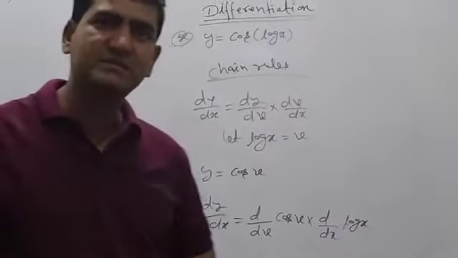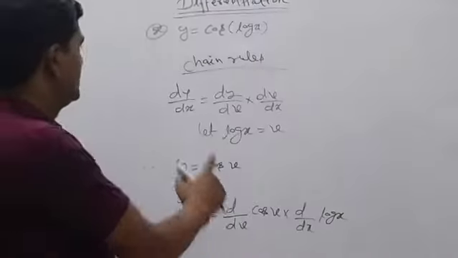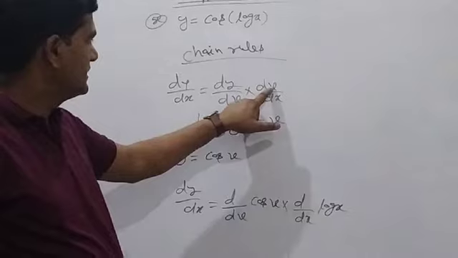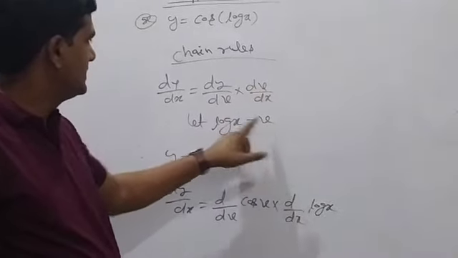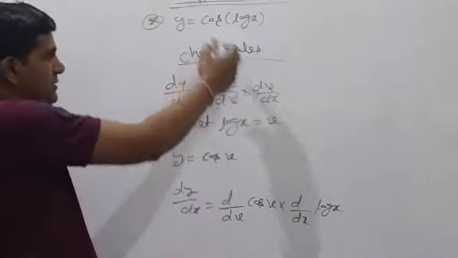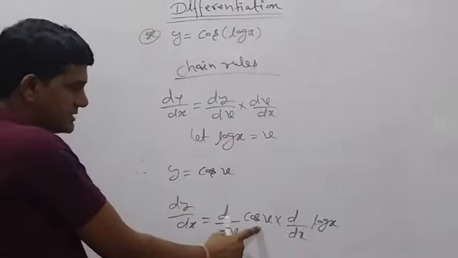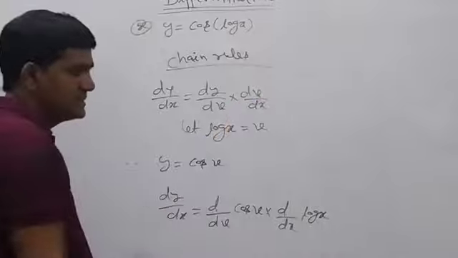Understood? Very simple method. dy by dx is equal to dy by dv into dv by dx. Here log x is equal to v. After that we put the value in this formula. d by dv of y means cos v, into d by dx of v means log x.